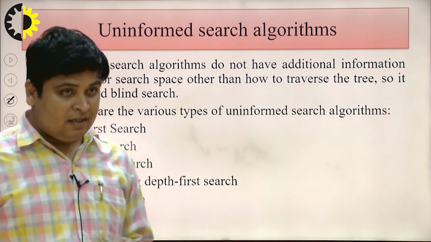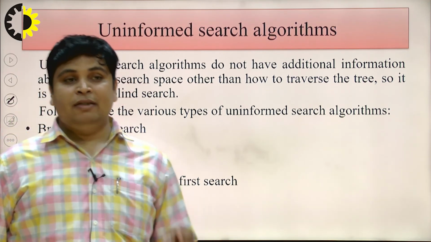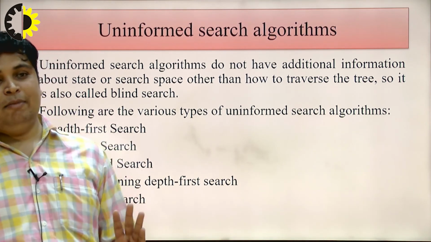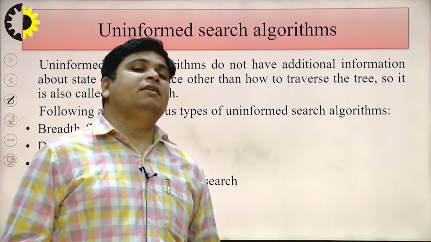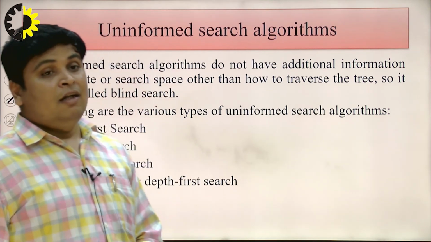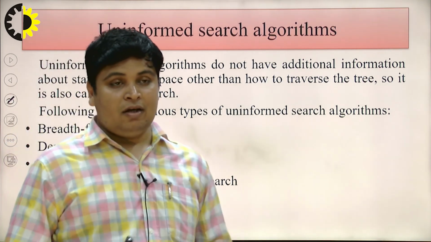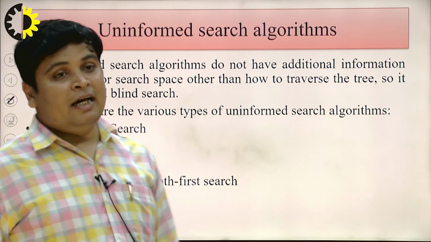Then I discussed depth limited search. Inside depth limited search, at the time of starting a search we finalize the limit. Fourth one is iterative deepening depth first search. Inside this search we gradually increase the level of search. And last I discussed bidirectional search.